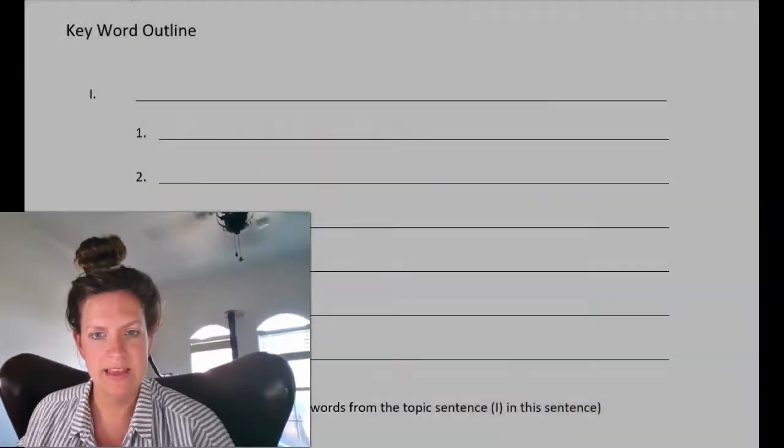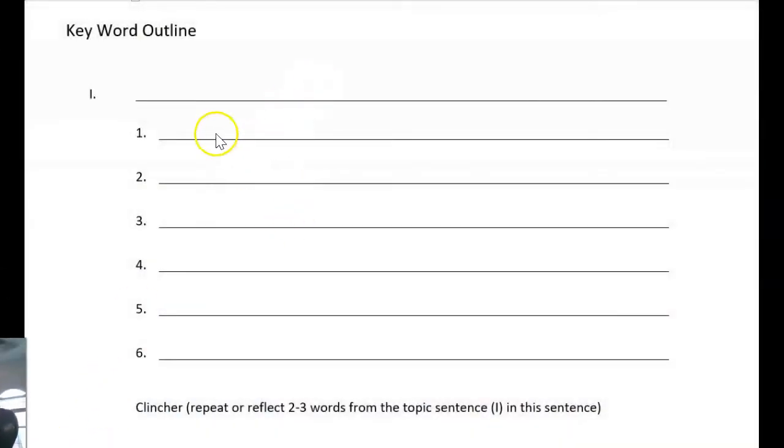So when I wrote down acronyms, I know what that is. If I didn't know what that was, I would need to give myself some more information there. I'm just going to use this to create my official keyword outline. Essentially, this is kind of like a keyword outline, but it was just the notes that I was jotting as I was reading. Okay, so let's look at that keyword outline.